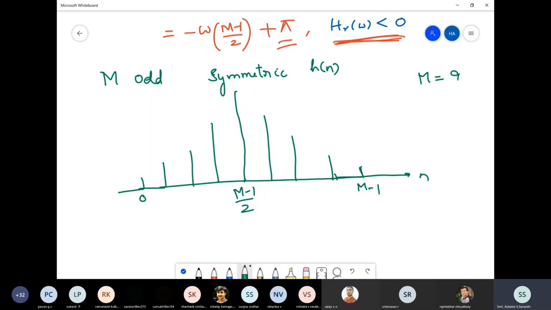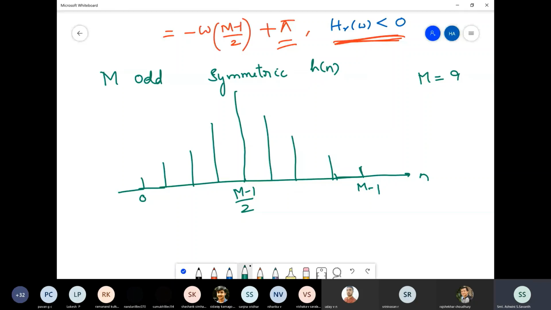Okay. Now, like we did in the case for M being even, where we derived an expression for H of omega, the same thing, let's do it here now. First we'll write down the Z transform of the impulse response, and then we are going to simplify it to get the frequency response.